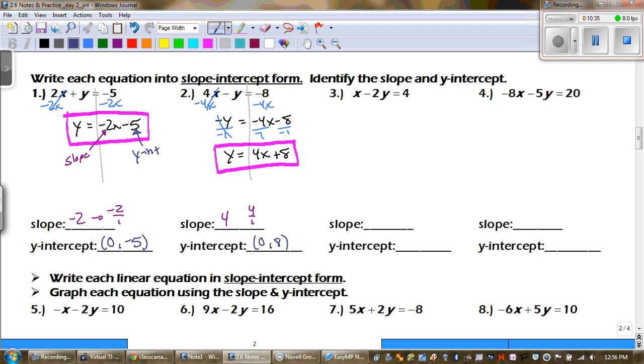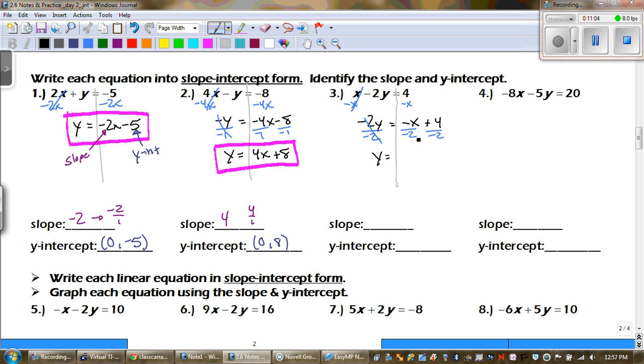All right, number 3. Let's do number 3. So we have to subtract the x to the other side, and we get -2y equals -x plus 4. Okay, we have to divide by -2, and we get y equals.